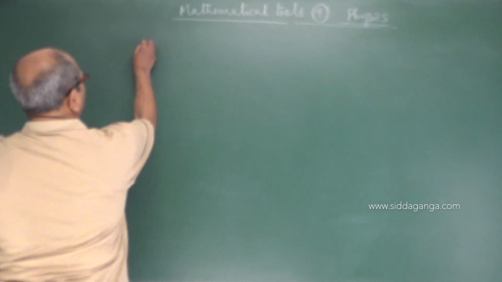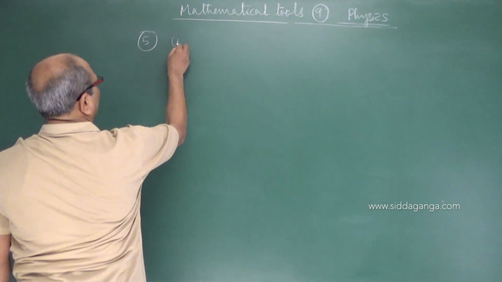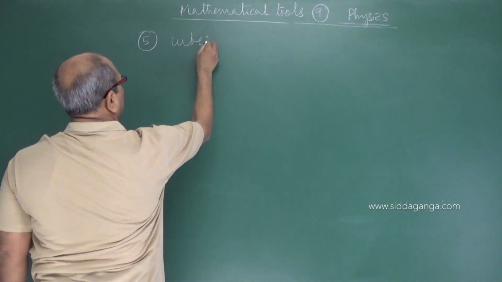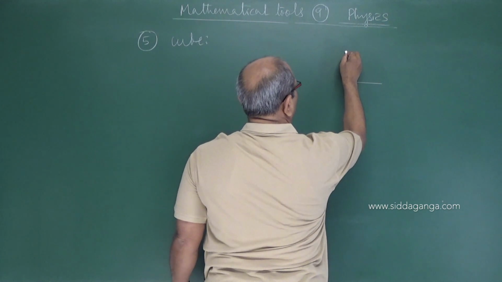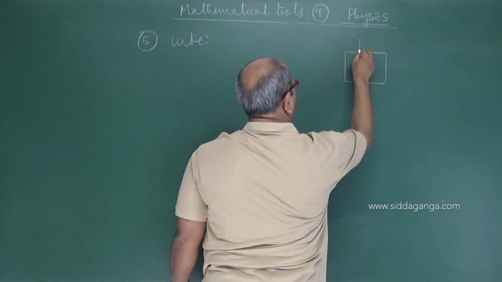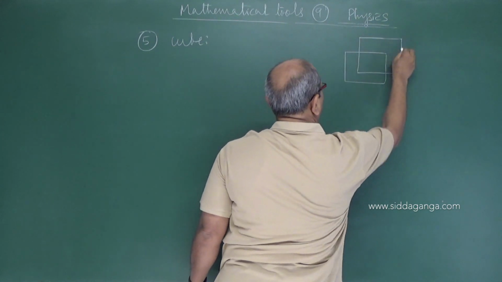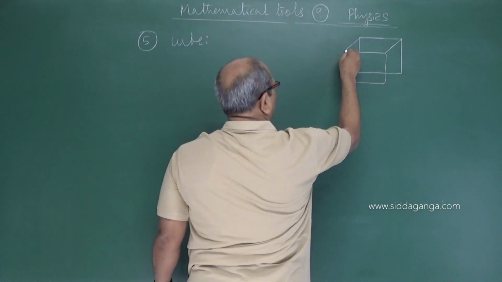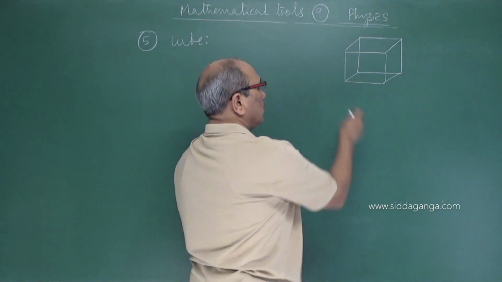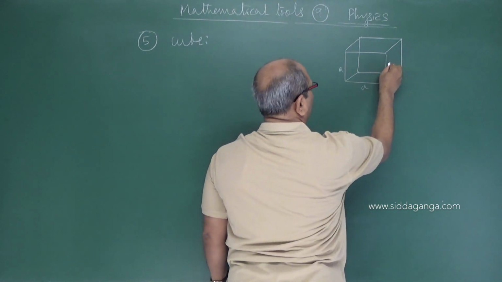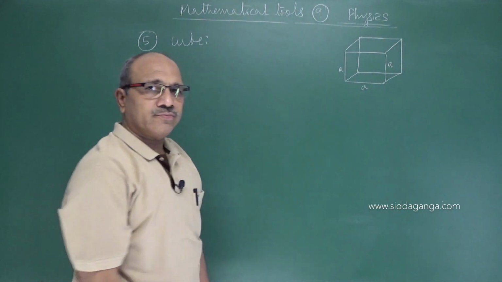So in case of a cube, we have taken a rectangle in 3 dimensions, we call it a cube. In a cube, all the faces are of the same size, having 6 faces. Each side is measured to have the same value.